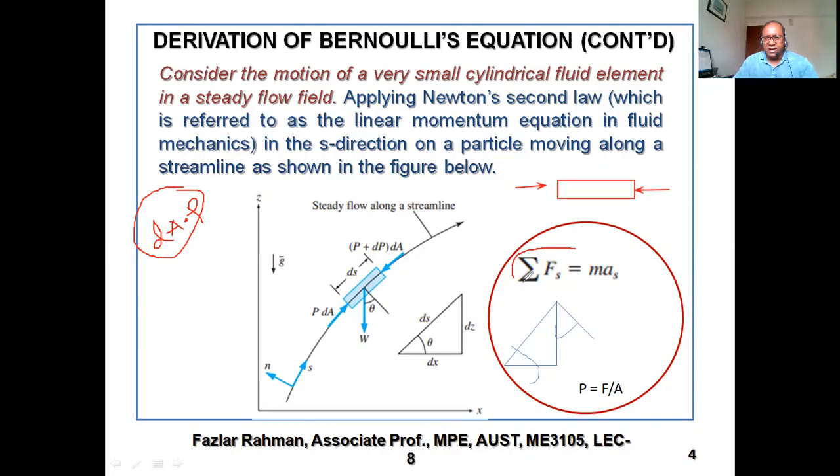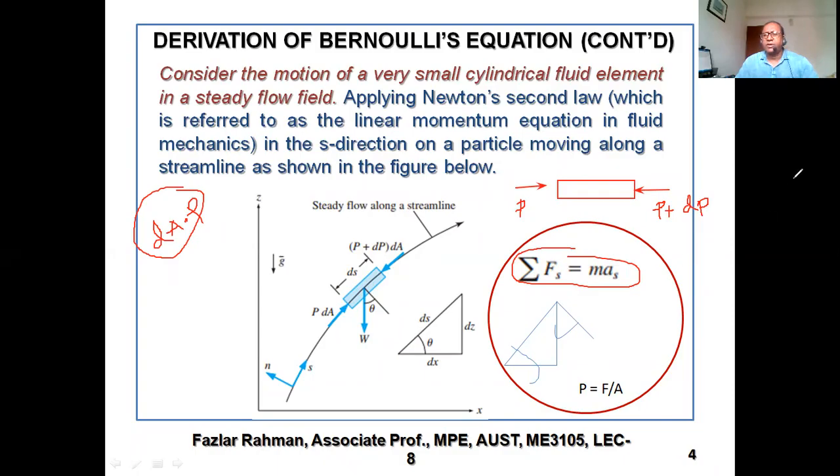Because we will apply Newton's second law, we have to figure out the summation of forces. Similarly, on the right side, we know the fluid is moving to our right, so the right side pressure has to be less than P. You could say the pressure is P minus dP, but to make it easier to derive the formula, we will assume this side is P plus dP.